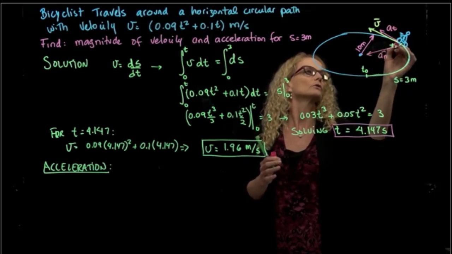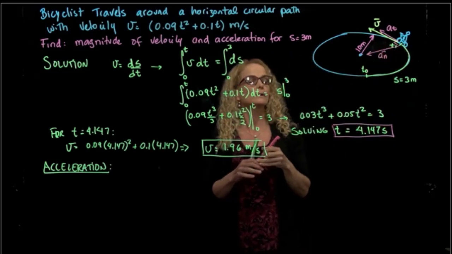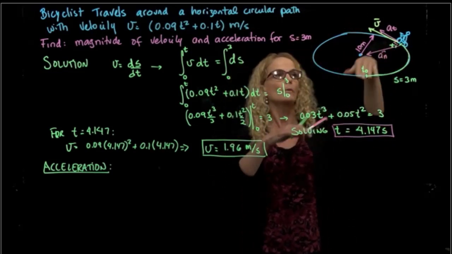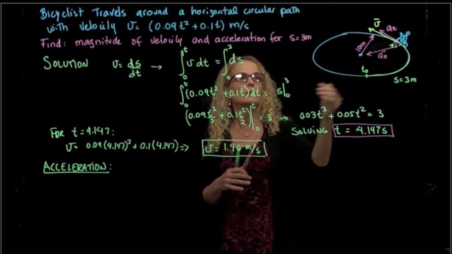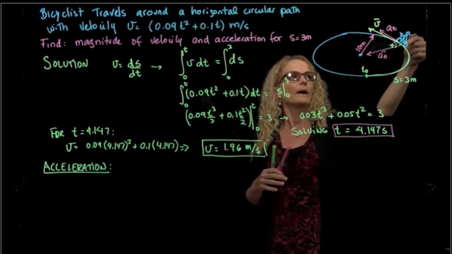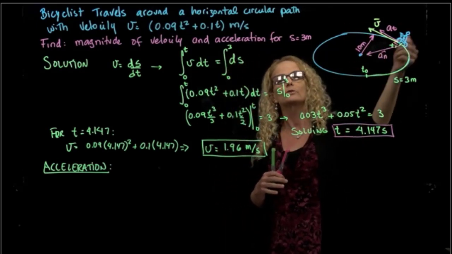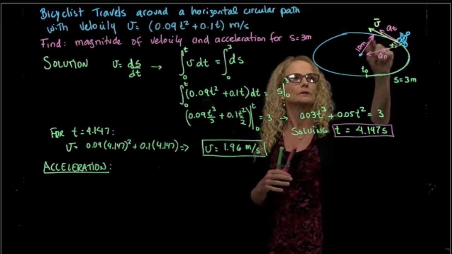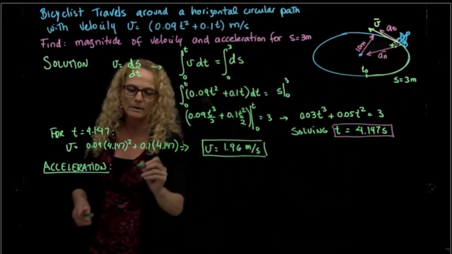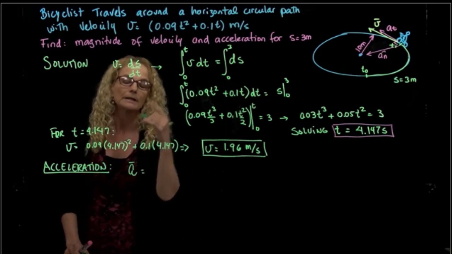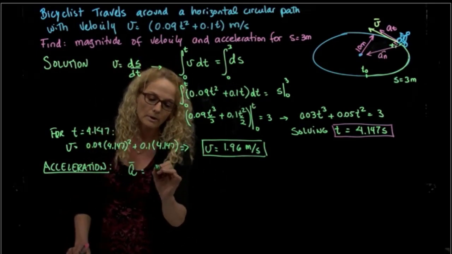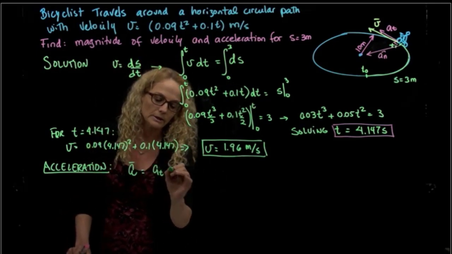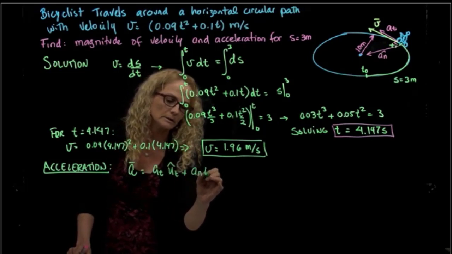Those two are perpendicular. If you look at that from the top, you will see that one is parallel to the path, and the other always points towards the center, along the radius of curvature, which is 10 meters. So the acceleration is a vector of two components: tangent acceleration in the tangent direction plus normal acceleration in the normal direction.